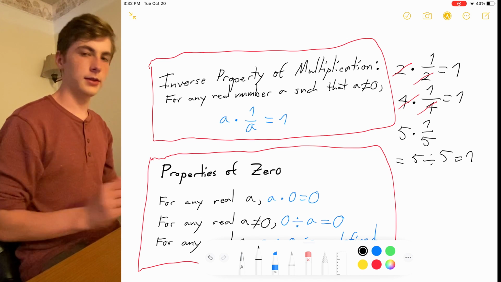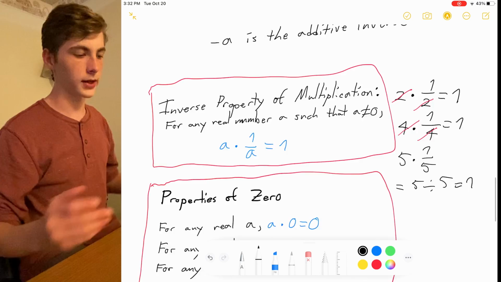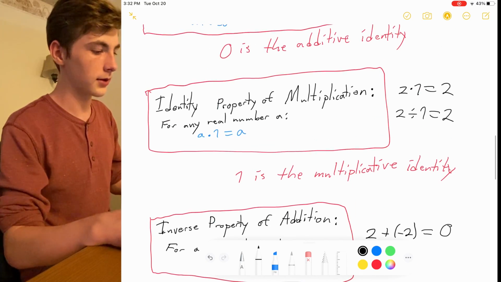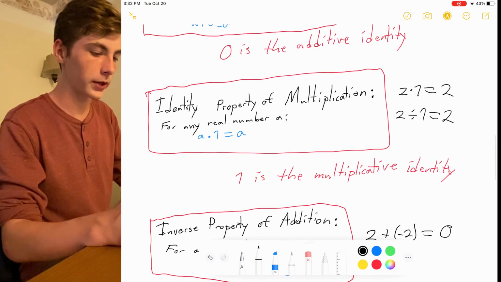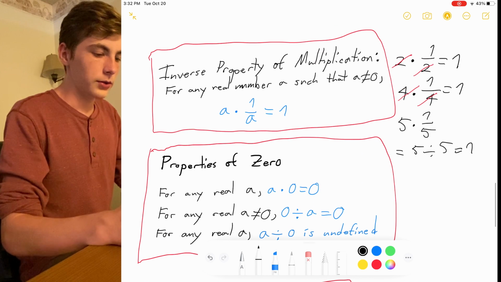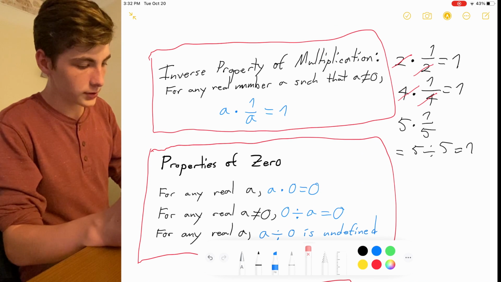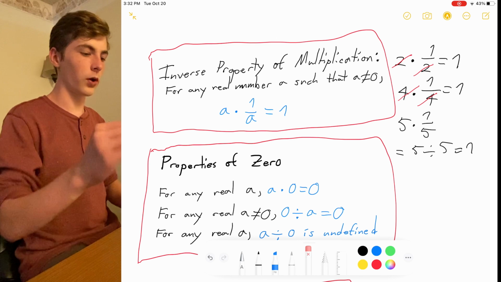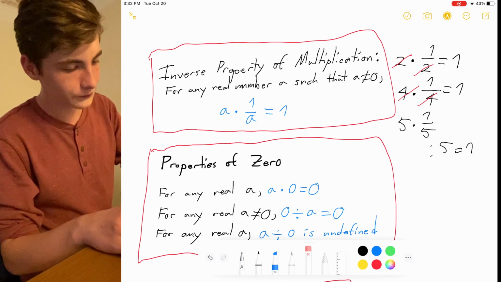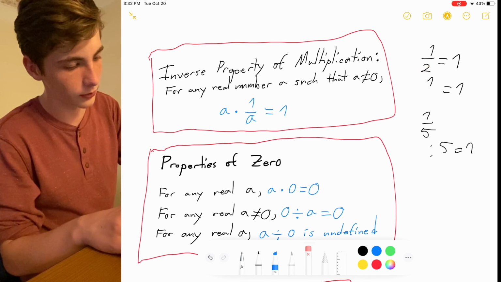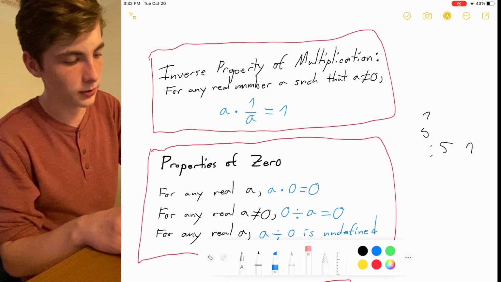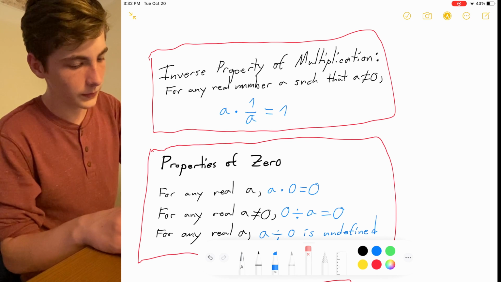How many times does anything go into itself? It's always going to be 1. And that's precisely because 1 is the multiplicative identity. So basically the inverse property of multiplication just tells us that anything times 1 over that thing is going to equal 1. Or, in other words, anything divided by itself is 1.